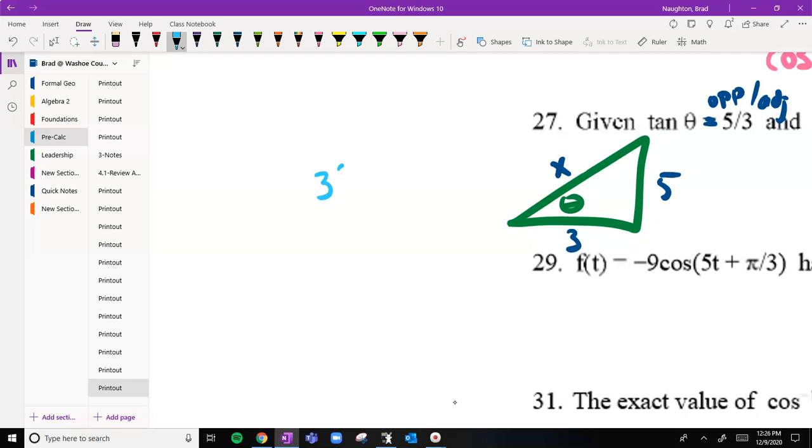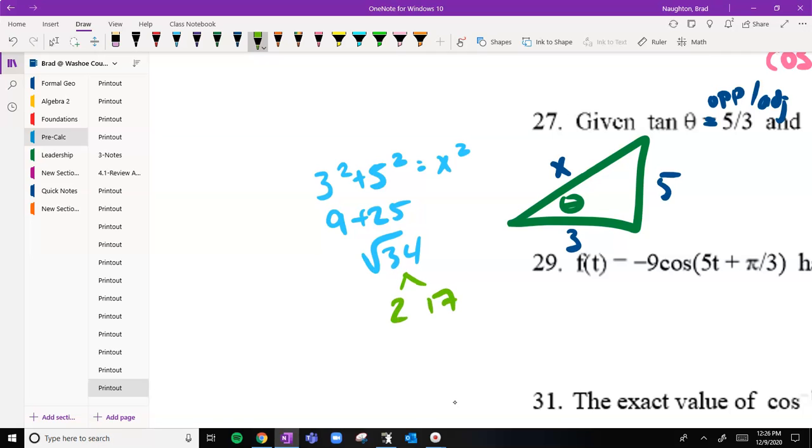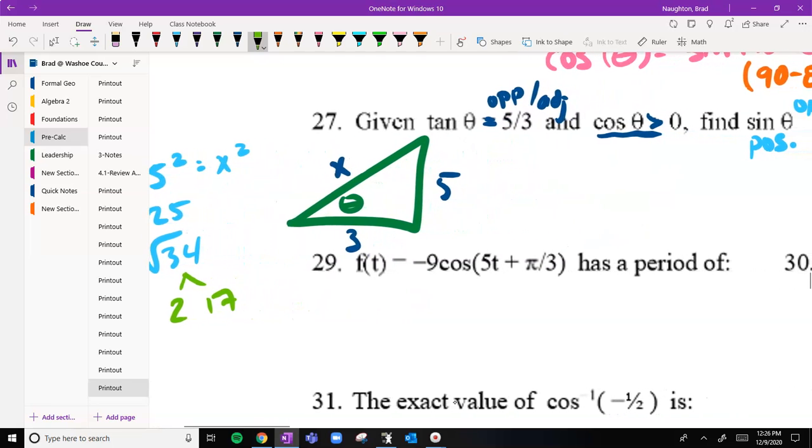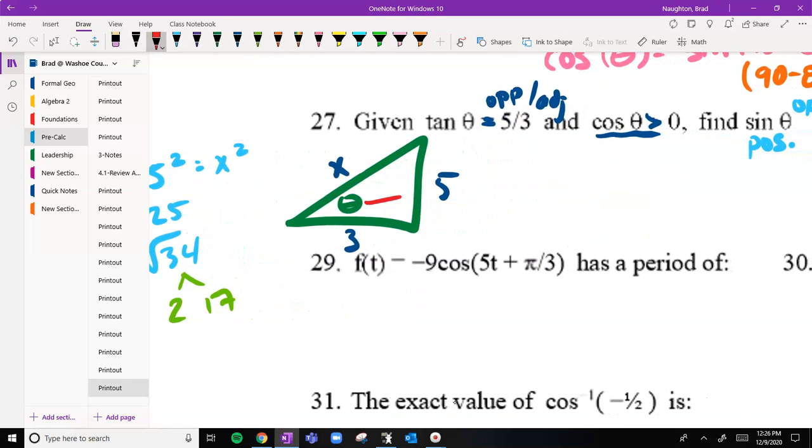So Pythagorean theorem, 3 squared plus 5 squared is equal to x squared. So 9 plus 25 is going to be root 34. And this breaks down, but it's 2 and 17. And since those aren't pairs, we're just going to leave it as that. So from my theta, farthest away is the opposite.